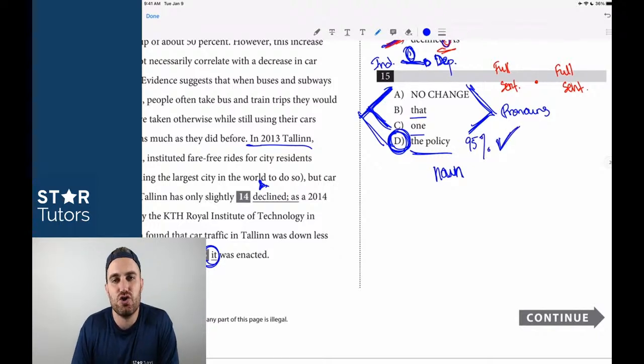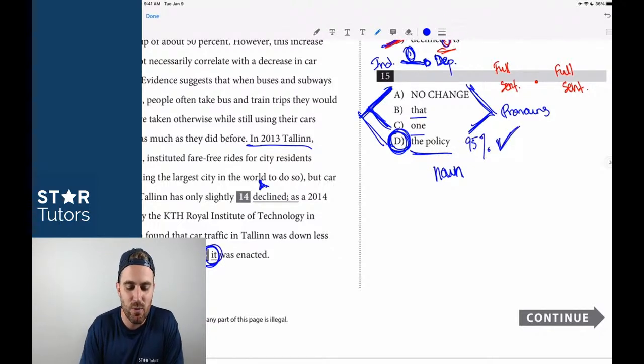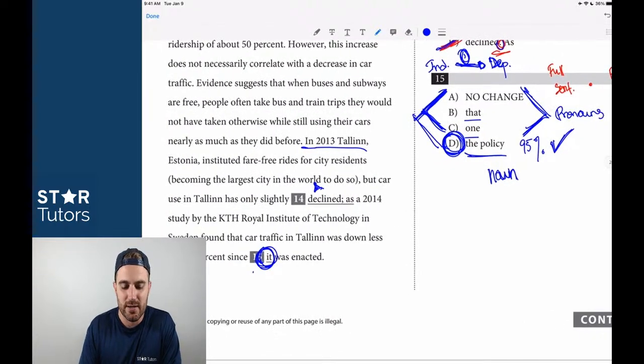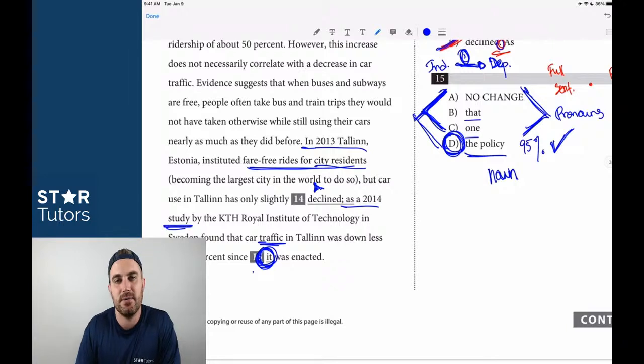Because what they're trying to test you on is to see if you can identify what the pronoun is. And if I go back and read, as a 2014 study by the Royal Institute of Technology student found that the car traffic in town was down less than 3% since it was enacted. Well, is it the car traffic that was enacted? Is it the study that was enacted? Or is it the policy, which is going to be somewhere up here? This is talking about the fare free policy that they talked about.